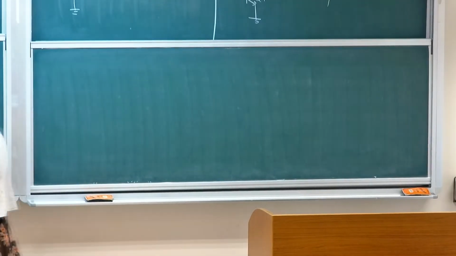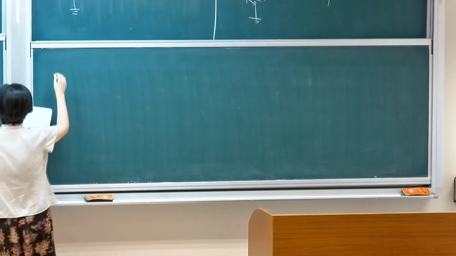So let's go through two examples for us to understand a design of a cascode amplifier. What are the limitations?